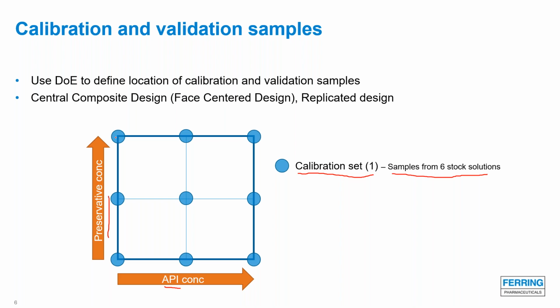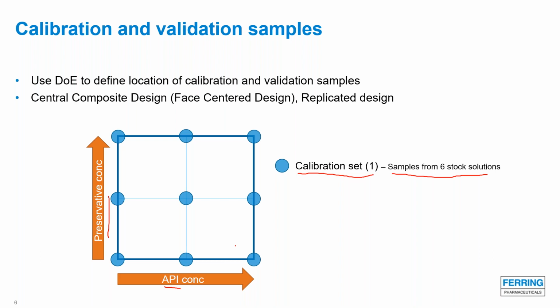It's actually quite tedious. It is more practical from an experimental point of view to prepare stock solutions, which are highly dosed API concentration solutions and highly dosed preservative concentration solutions. Then we mix them in appropriate amounts, and we dilute them appropriately if needed, so that we can reach any point in the design space that we have here.